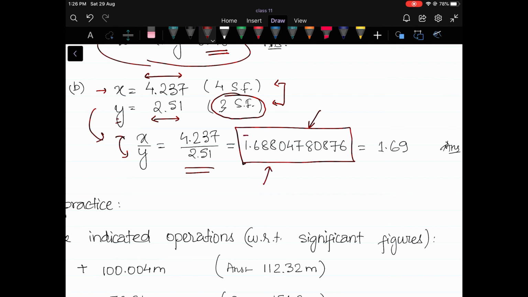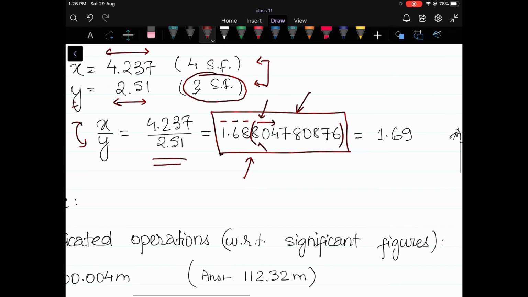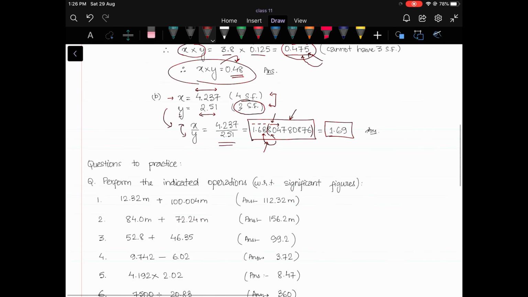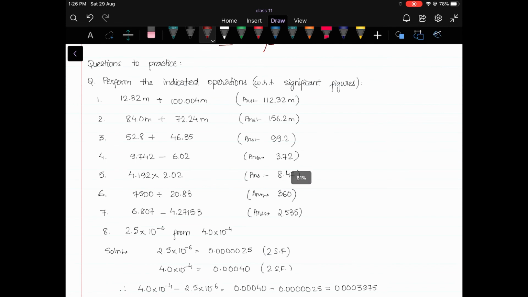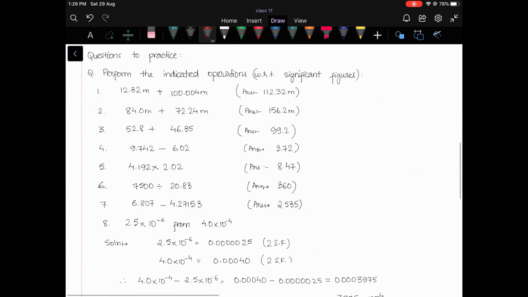That means we should write 1, 6, and the third number, and we should drop all these numbers. When we drop these numbers, we have to make sure we round off properly. You can see the number we are going to drop is 8, which is greater than 5, so clearly the preceding number has to be increased by 1. So we get 1.69. What you can do next is practice all these problems and get the answers.